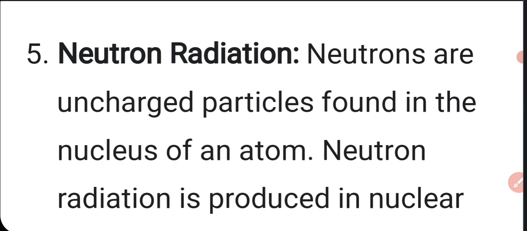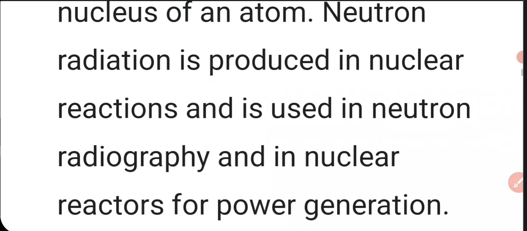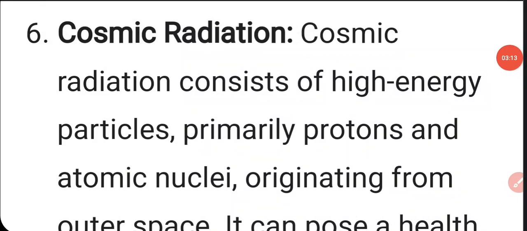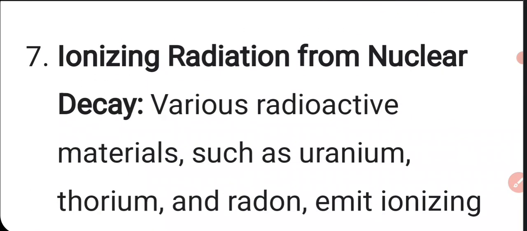We know that in the nucleus there are protons and neutrons, and the neutron generally has no charge. Neutron radiation is produced in nuclear reactions and is used in neutron radiography and in nuclear reactors for power generation. Then cosmic radiations, which are generally found in outer space and primarily consist of protons and atomic nuclei, and can pose health risks to astronauts and those who are traveling at high altitudes.